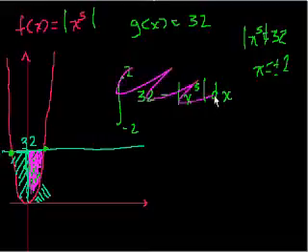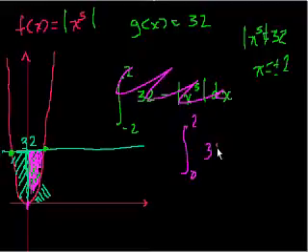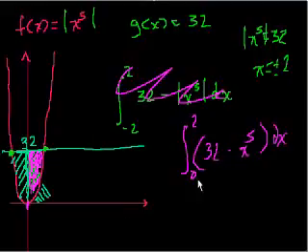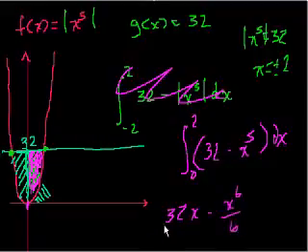So instead of doing that, let's do the integral from 0 to 2 of 32 minus x to the fifth dx, and then multiply that by 2. So what is that? That's 32x minus x to the sixth over 6, and we're going to evaluate it from 2 to 0.